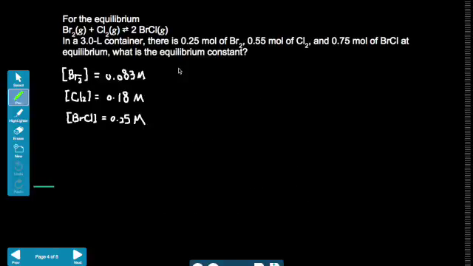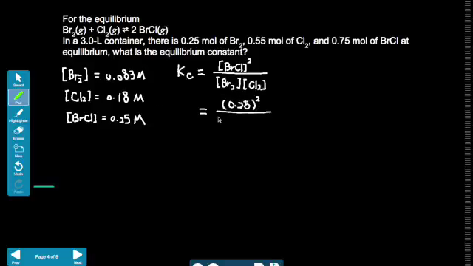Now that we know all the concentrations, we can write our equilibrium constant expression. Be careful and do not forget the exponent because there's a coefficient in the original equation.